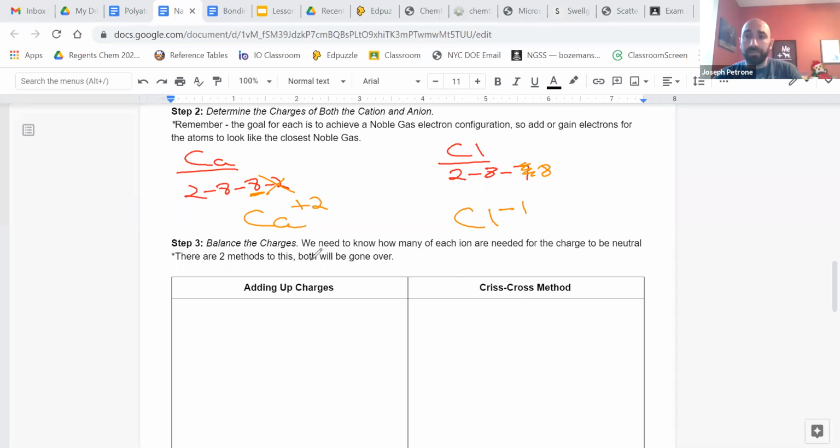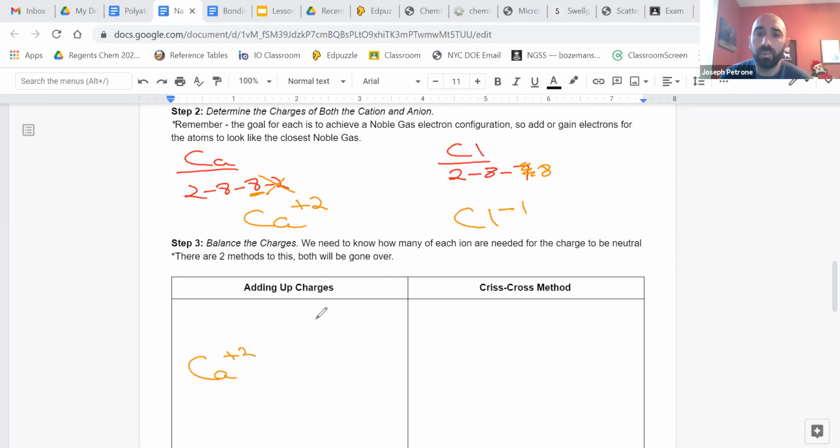Okay, so the first one I call adding up the charges. I don't really know another name for it, so you can call it the original way or something. So what we're going to do is put down 1 calcium ion. So calcium, we know, is a +2.